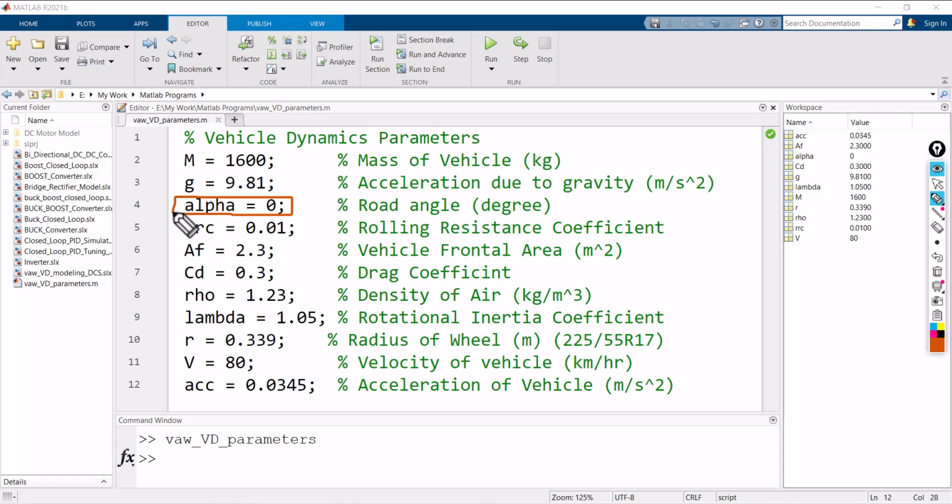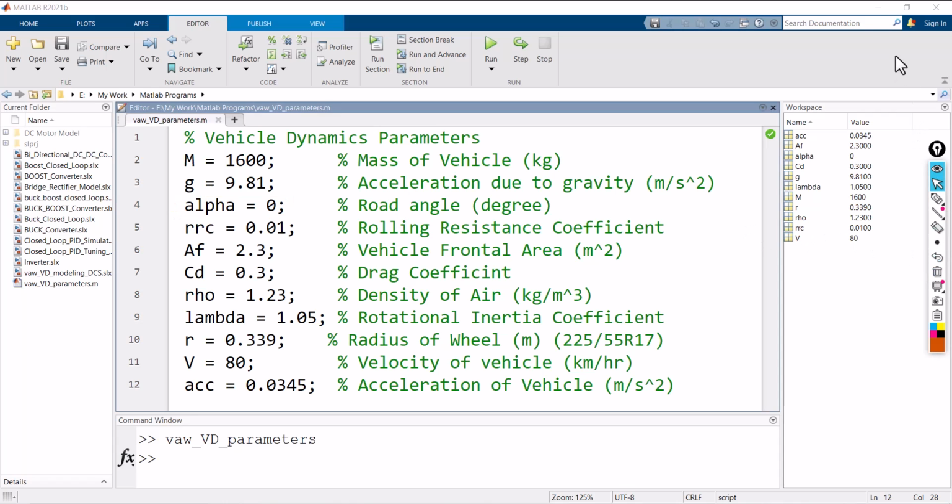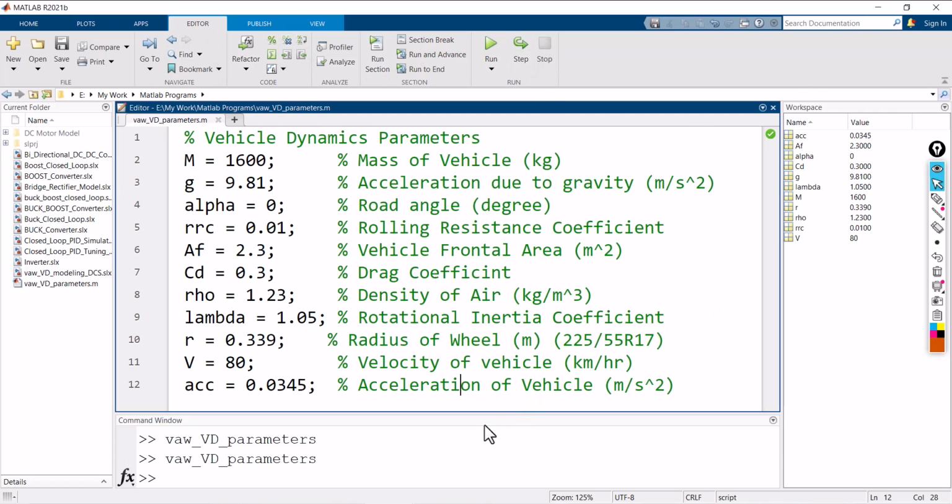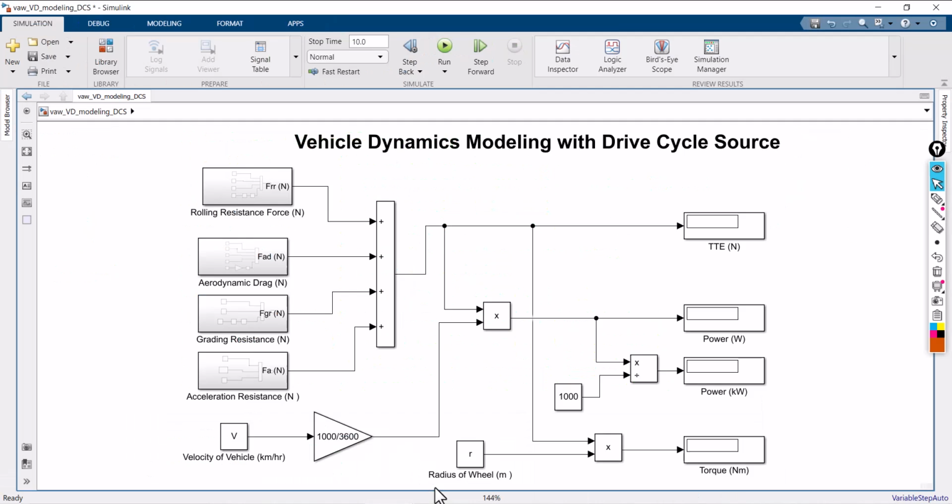That's why Land Rover is costly, because they designed the engine according to the requirement of 100% gradability. Just see, I'll show you once it is executed. Now you can go for the simulation.